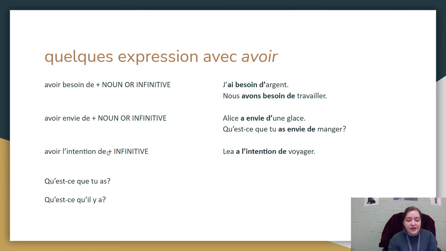For instance, Léa a l'intention de voyager. Léa intends to travel, or she has the intention of traveling.